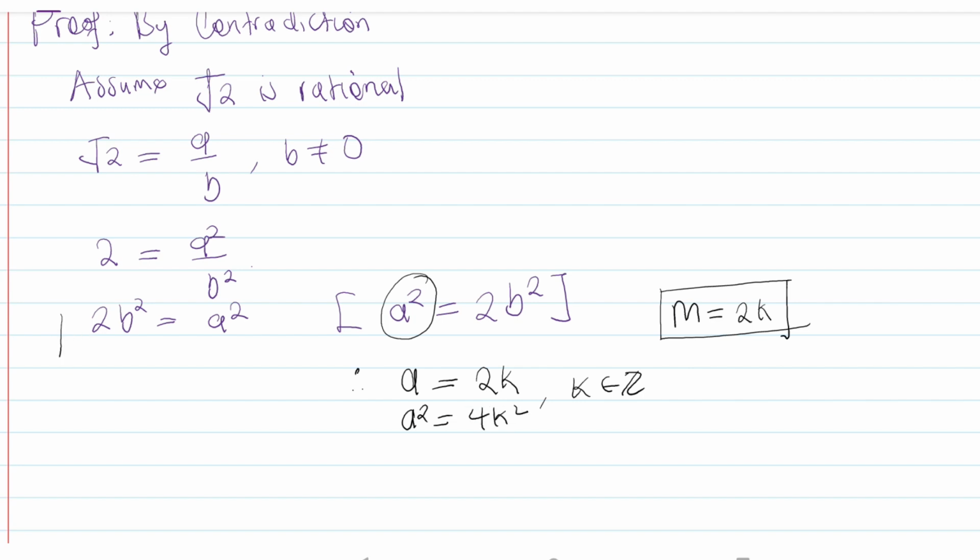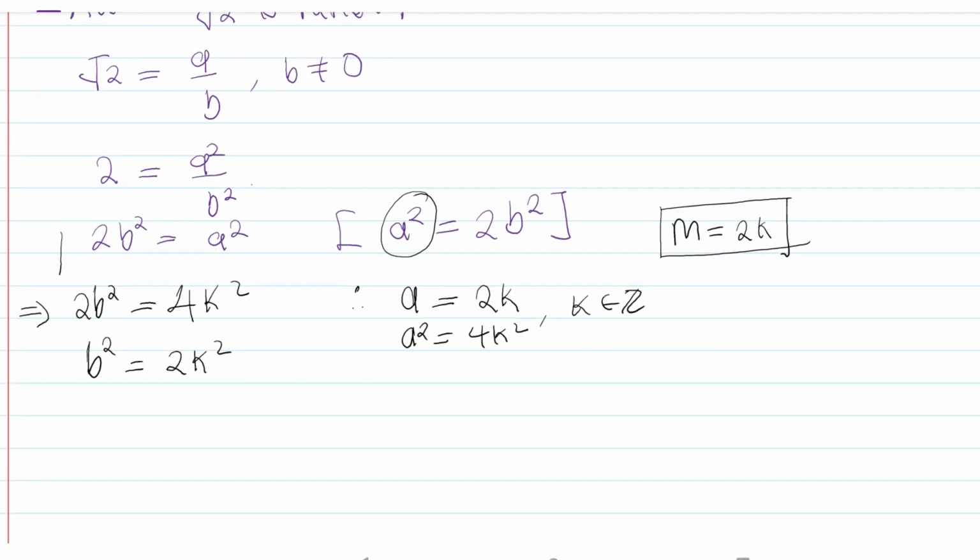So what does this mean? This implies that 2b squared is equal to, where there is a squared, we put 4k squared. All right, now let us divide throughout by 2. So this implies b squared is equal to 2k squared.